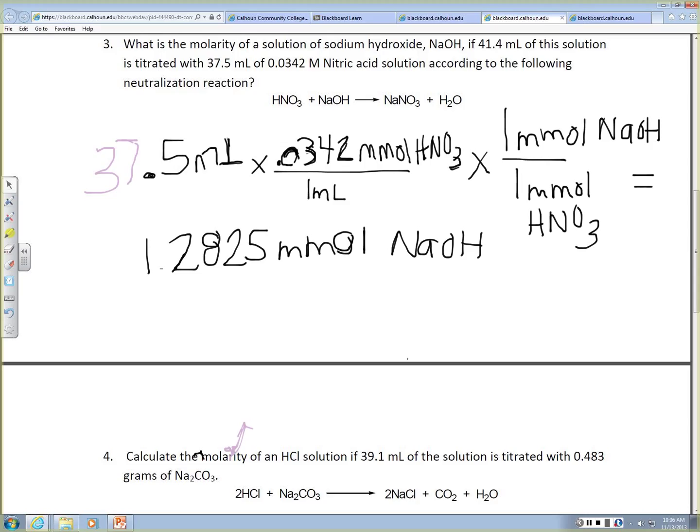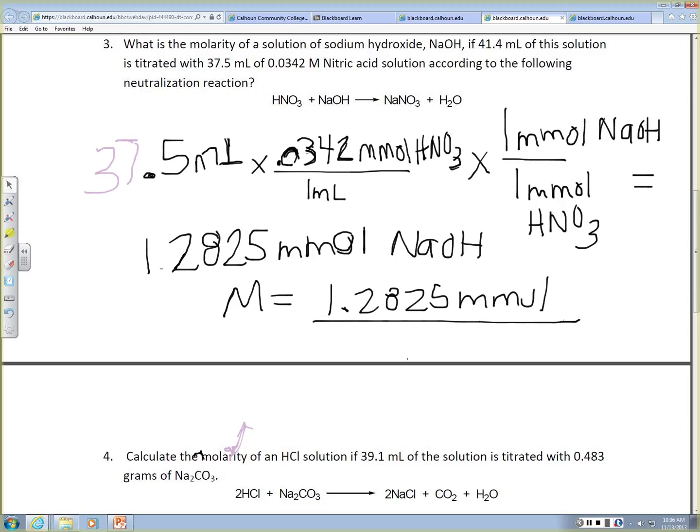Any questions for this first part? So what's our last step going to be? We're going to divide by the 41.4 milliliters, which gives us 0.0310 molarity NaOH.